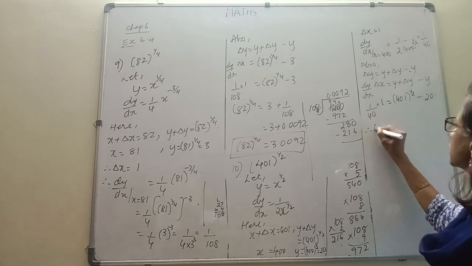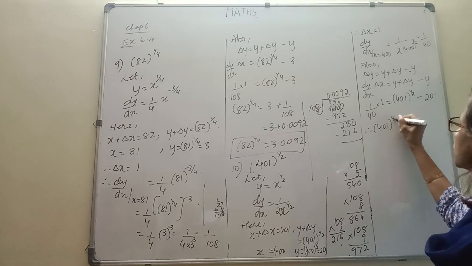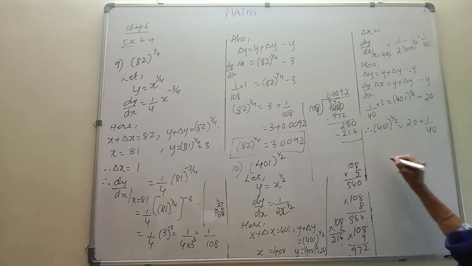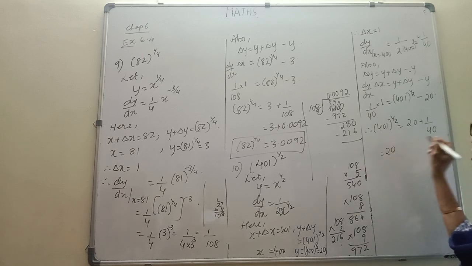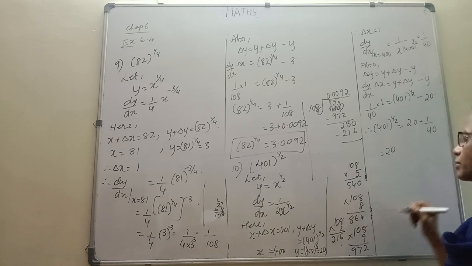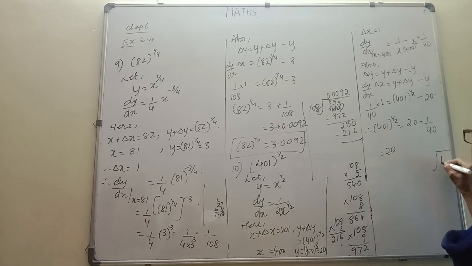So 401 raised to half is 20 plus 1 by 40. Now either we equalize, or like before, we get 1 by 40 in decimal and then the answer.